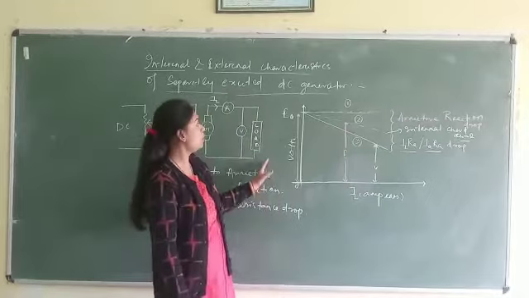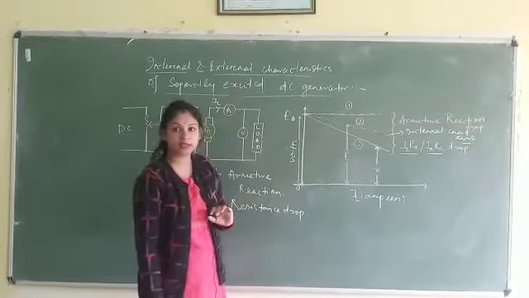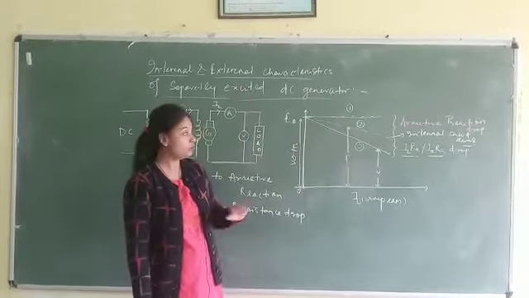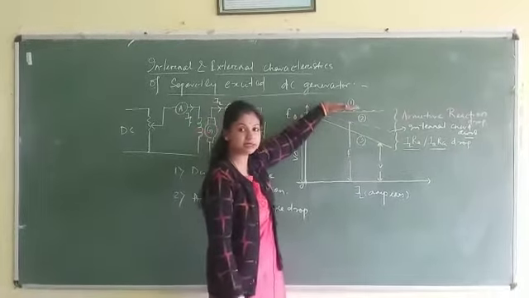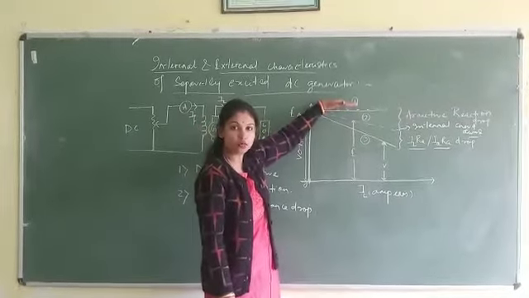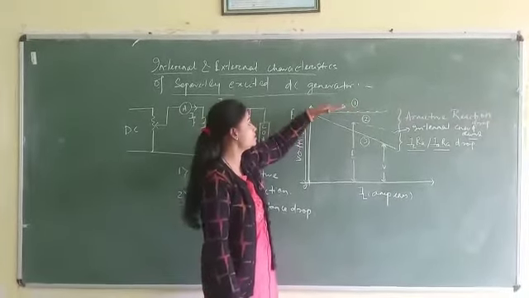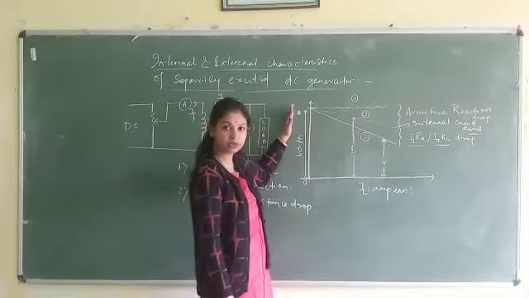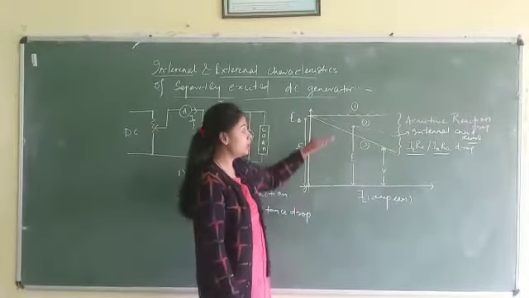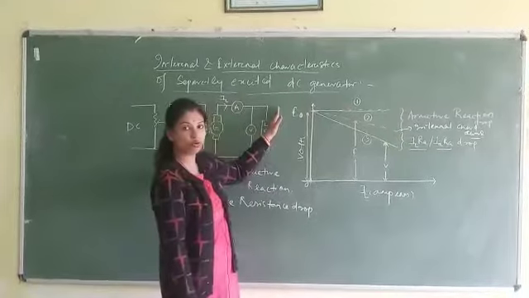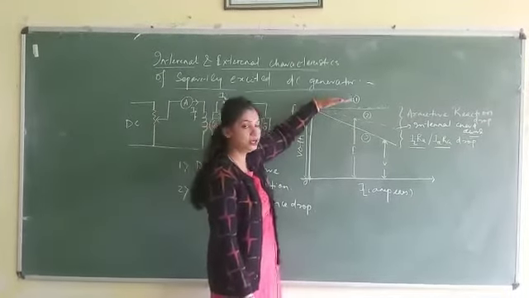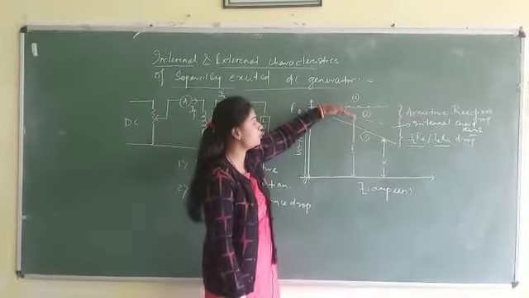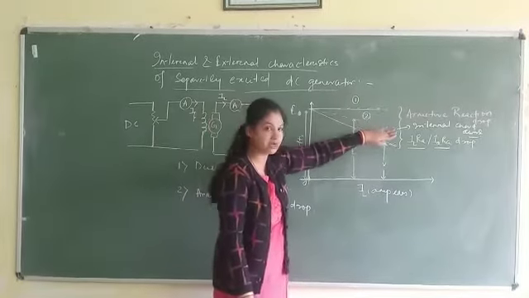So this is all about the internal and external characteristics of a DC generator. The first curve represents the OCC, or open circuit characteristics curve, between the no load induced EMF and the field current. Then as we increase the load, we get a reduced voltage. The first voltage drop is due to the armature reaction drop.